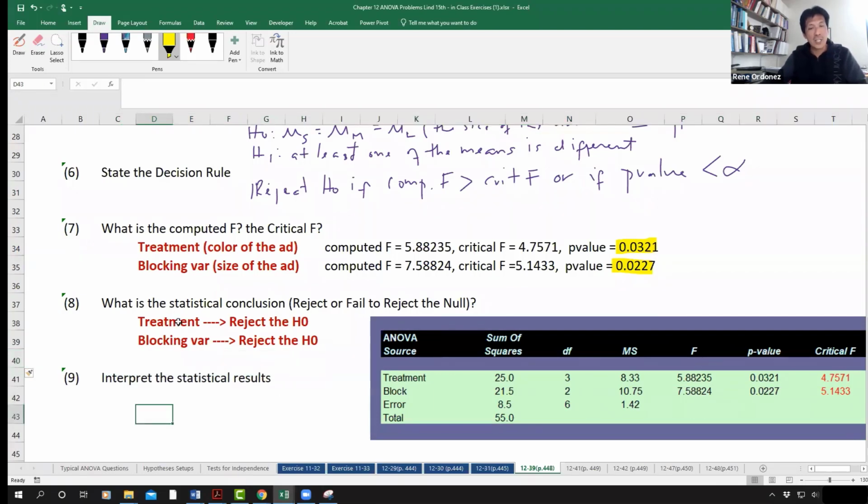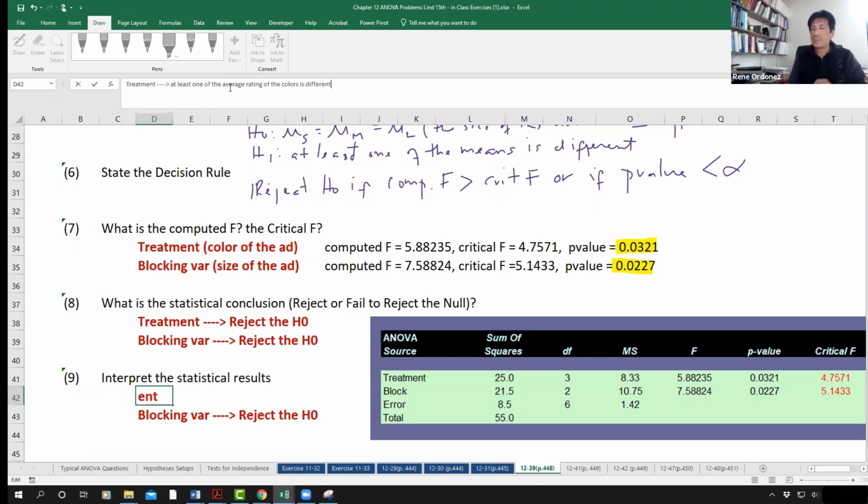The interpretation of these two here. For the treatment, we will say that at least one of the average ratings of the colors is different. Okay?